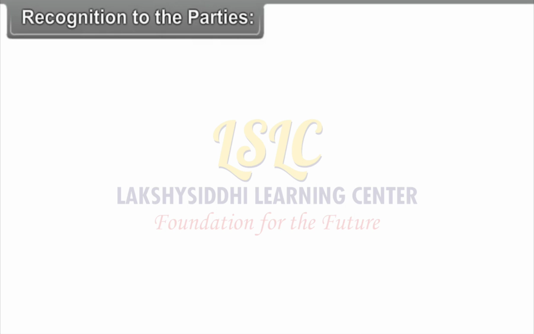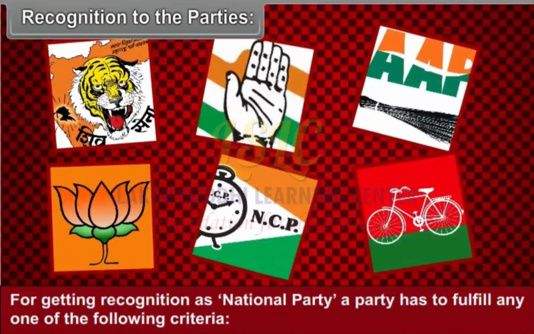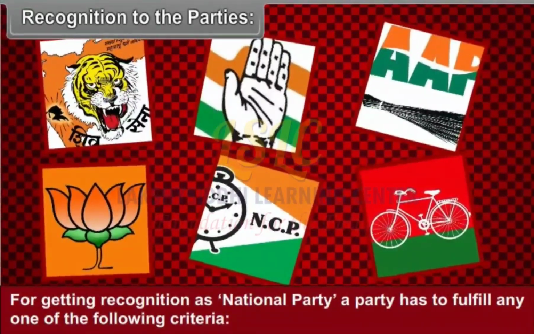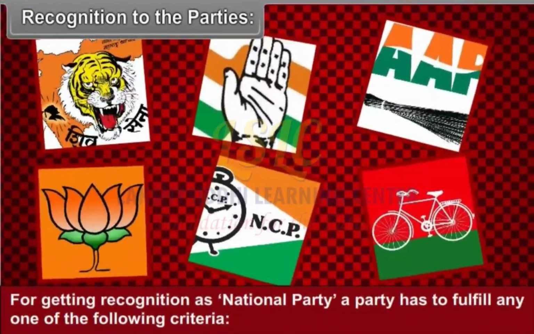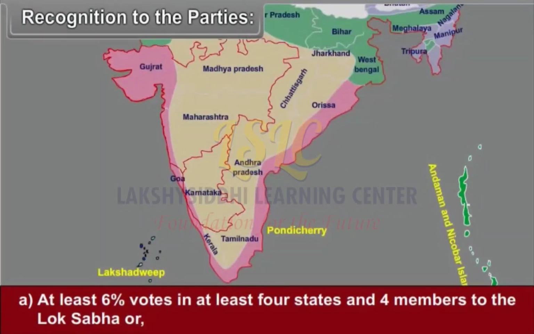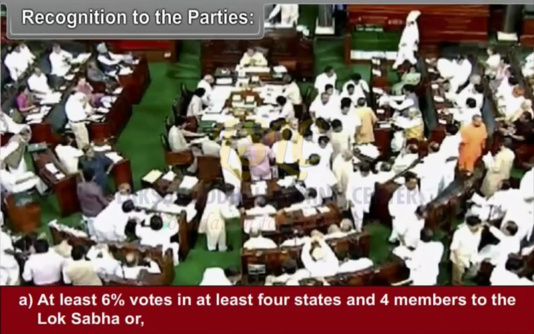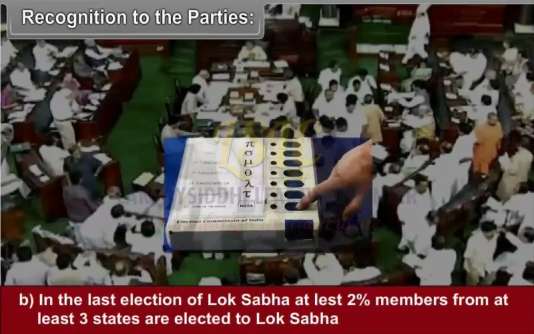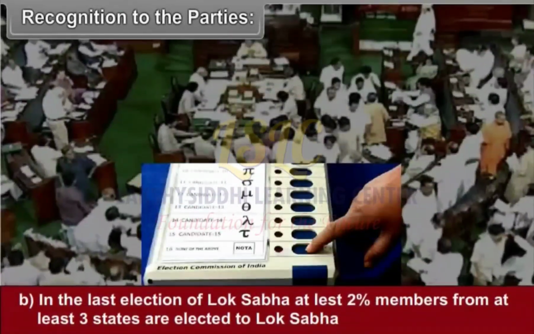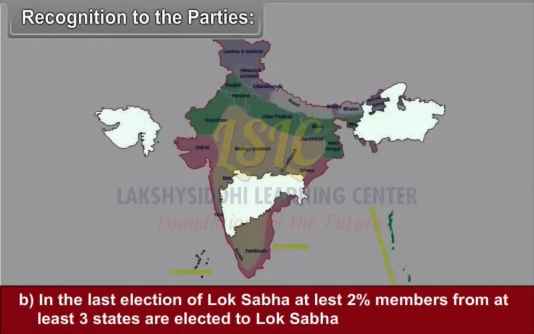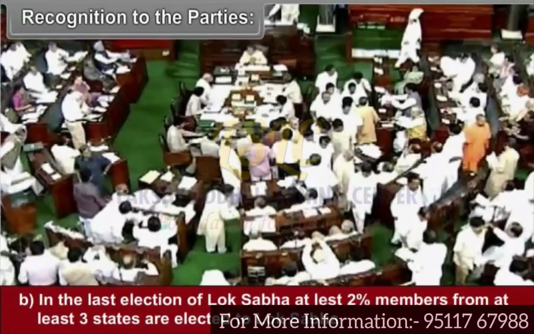Recognition to the parties. For getting recognition as national party, a party has to fulfill any one of the following criteria. A. At least 6% votes in at least 4 states and 4 members to the Lok Sabha. Or B. In the last election of Lok Sabha, at least 2% members from at least 3 states are elected to Lok Sabha.